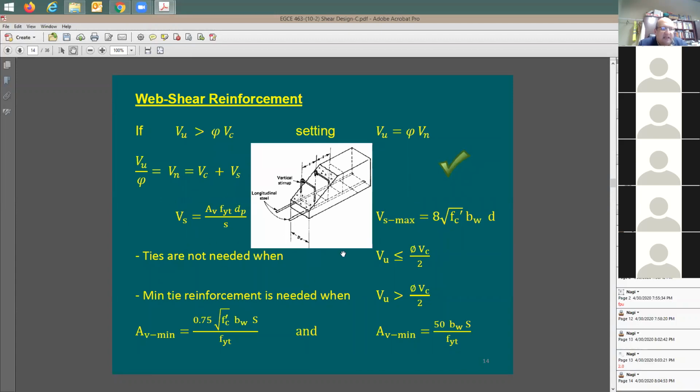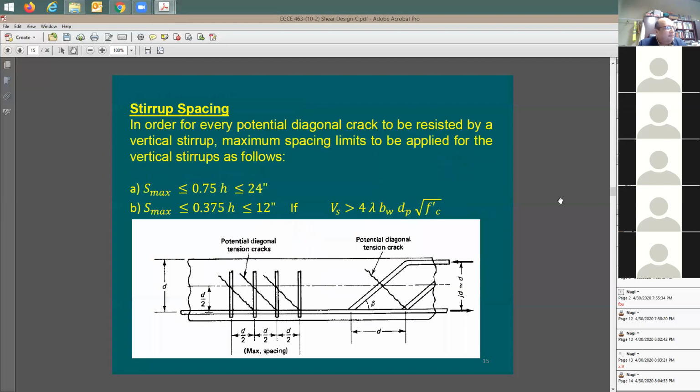This is exactly the same as conventional concrete design. I mean, you have studied before, so you know what's going on. So I'm going to put this check mark on it. How about the spacing for the ties? The spacing for the ties is very similar, it's the same. Here's S max, based on the condition.